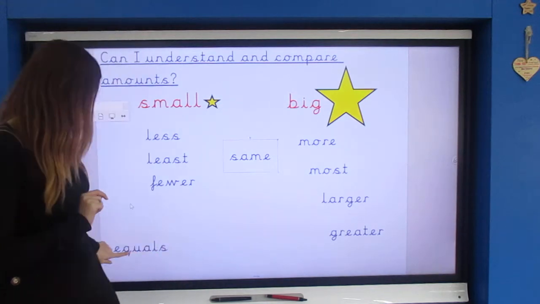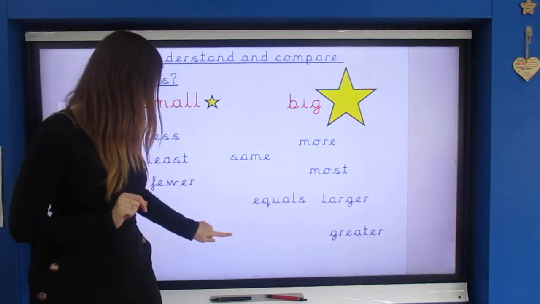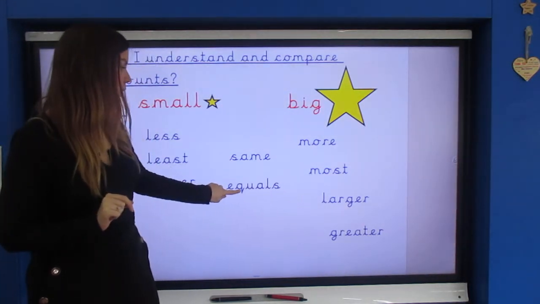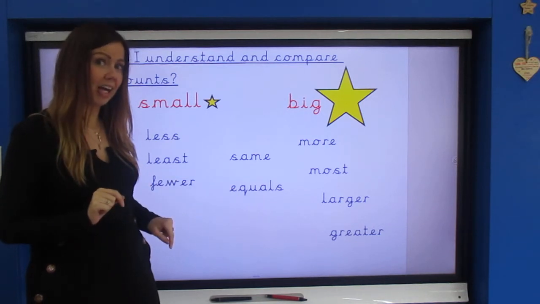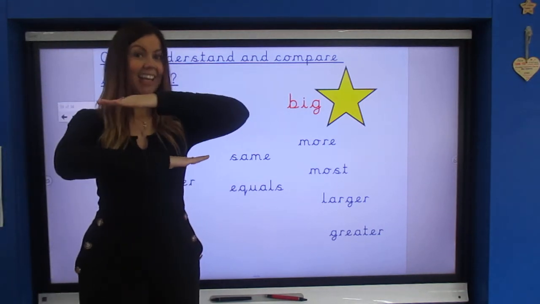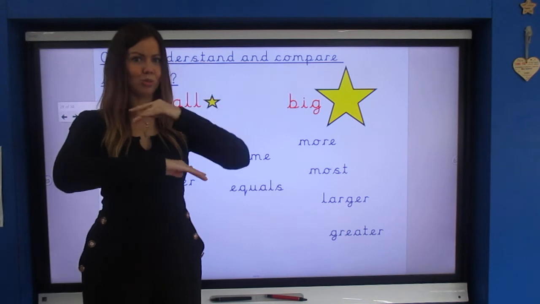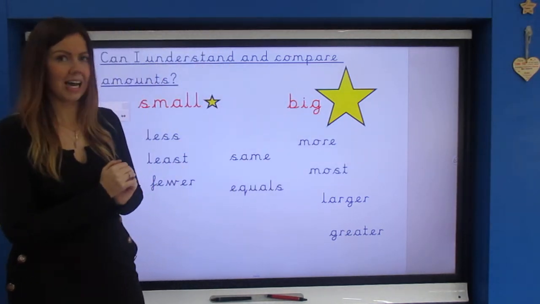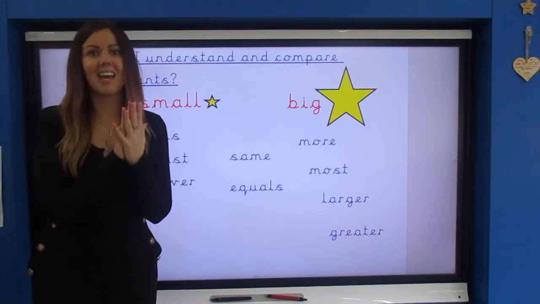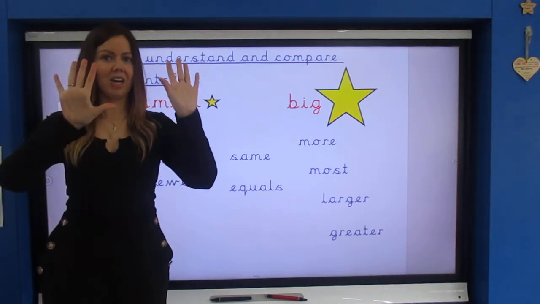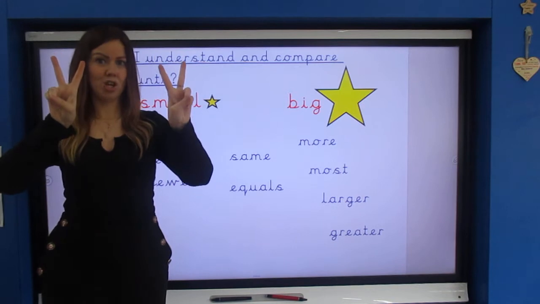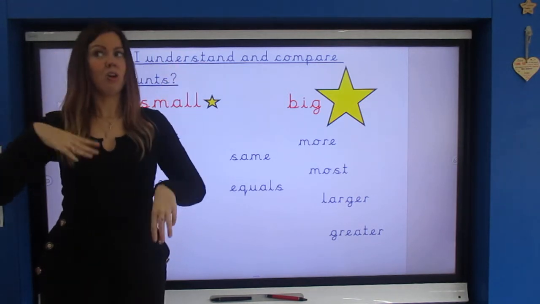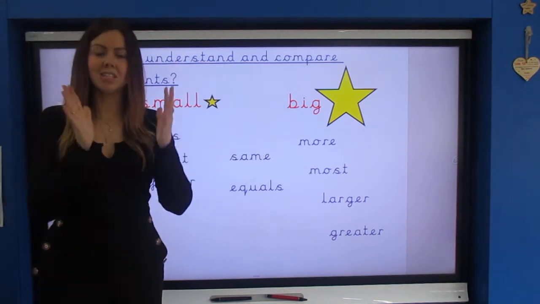And there's another word here that also means the same. Does anybody know what this word is? Can you remember? Equals. So I can't put those 2 on the smaller or the bigger side because it means the same. Equals. So 5 and 5, or 2 and 2, or 3 and 3, or 10 and 10. Okay, it means the same.